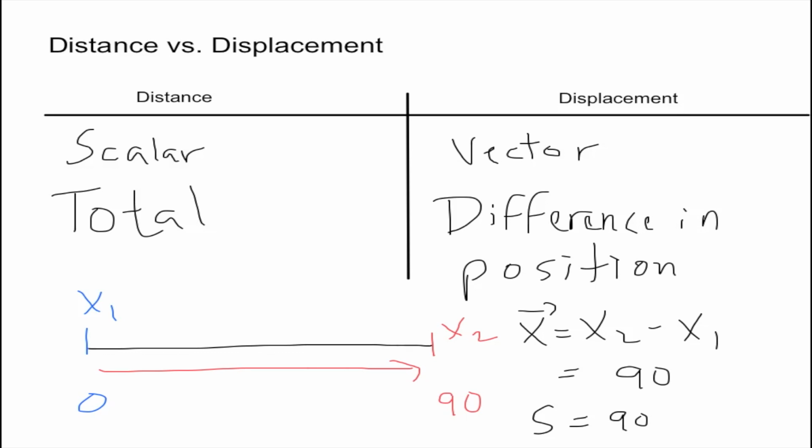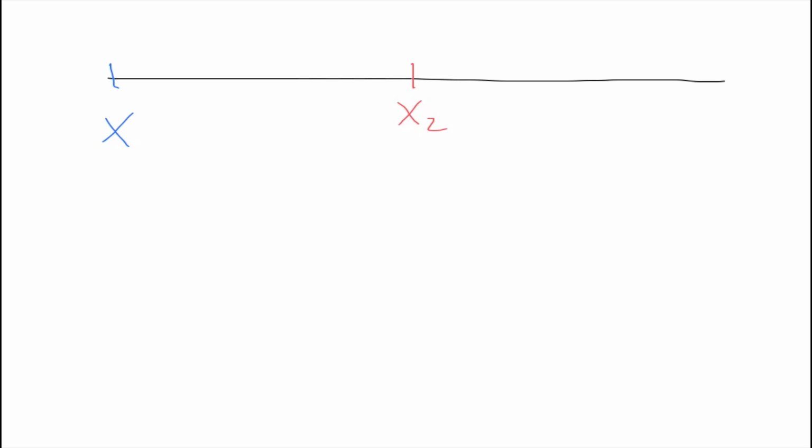Now let me show you another example. Let's say we have the same road, but now it's a little longer. This is our x1, this is x2, and let's say we also have an x3.